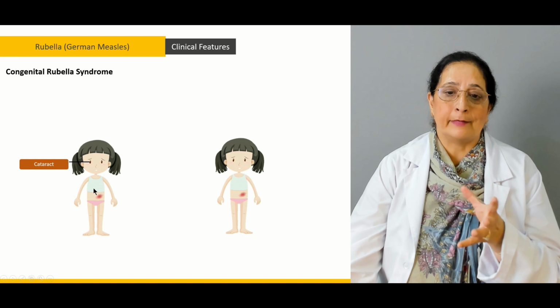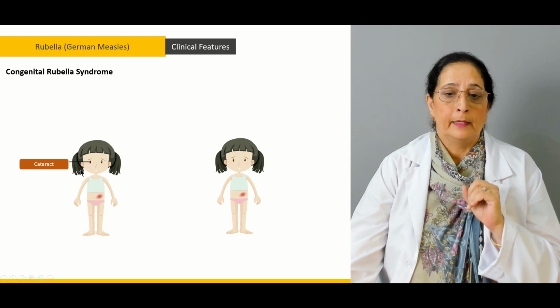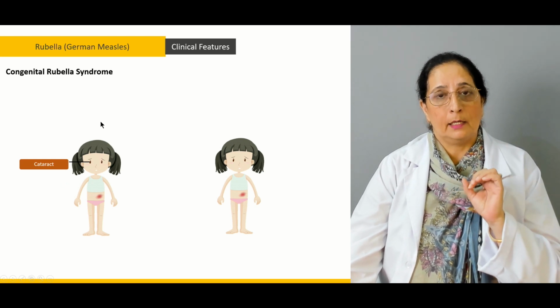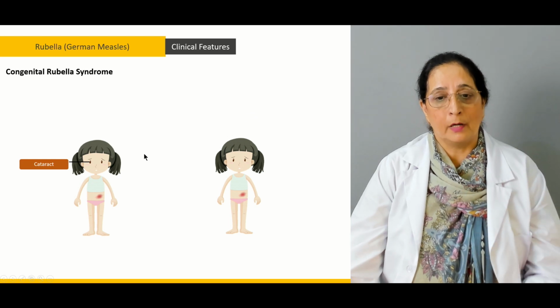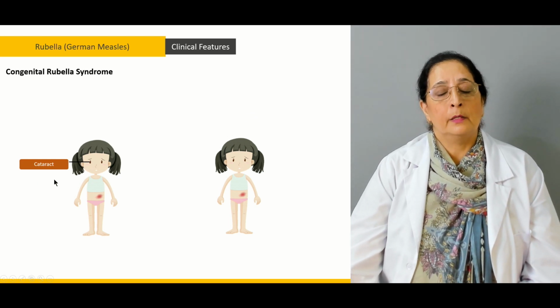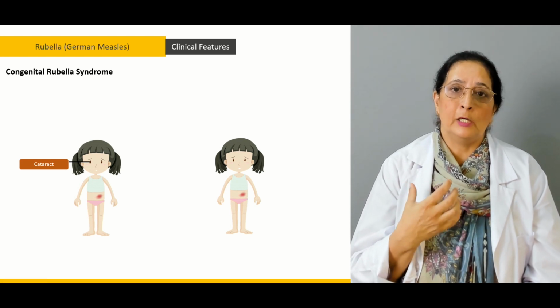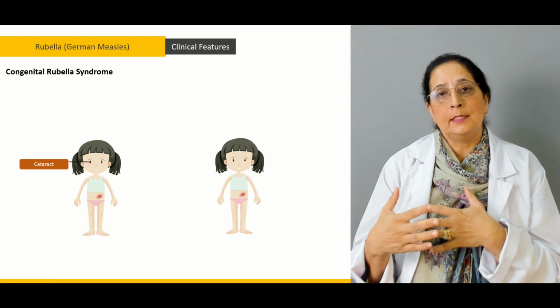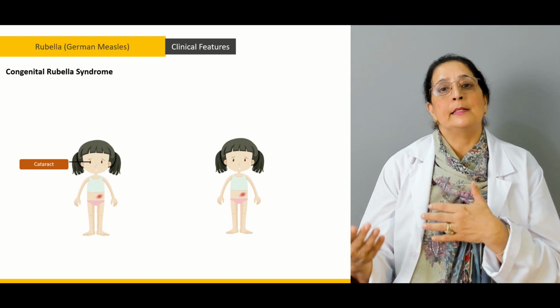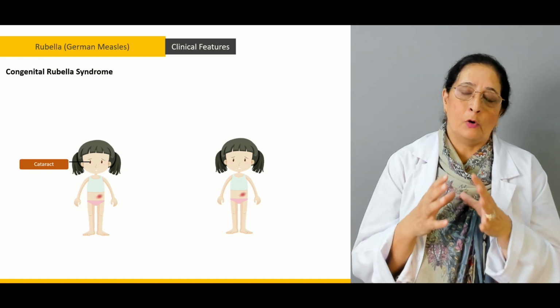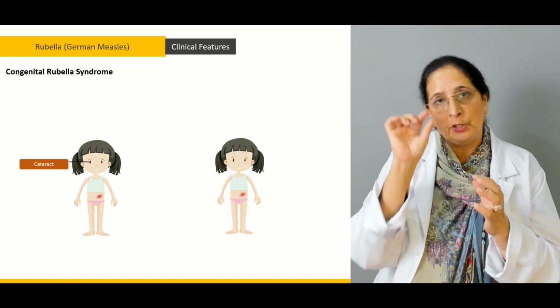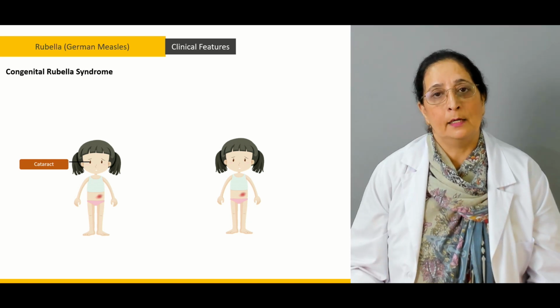cause cataract formation. That is the clouding of the cornea, the corneal opacity. Cataract is corneal opacity. Normally, it's a condition that mainly affects old age, when the cornea becomes opaque and you can see white color in the eyes.